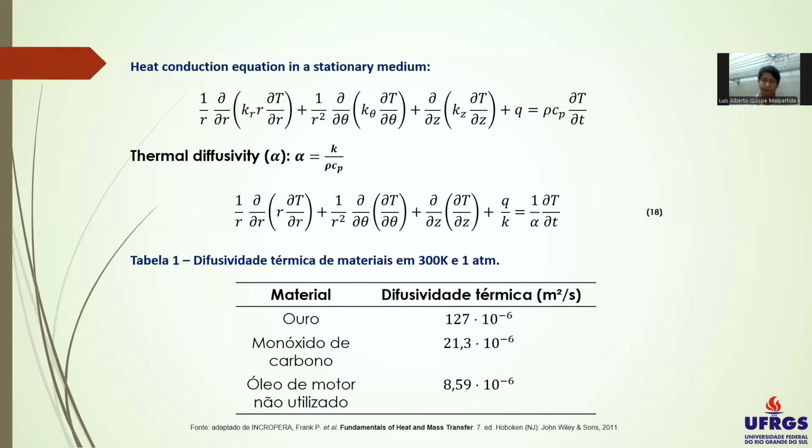Table 1 shows three different states of matter: solid, liquid, and gas, with their respective diffusivity values. Gold presents a thermal diffusivity value of 127 square micrometers per second, while carbon monoxide and engine oil present values of 21.3 and 8.56 square micrometers per second, respectively.